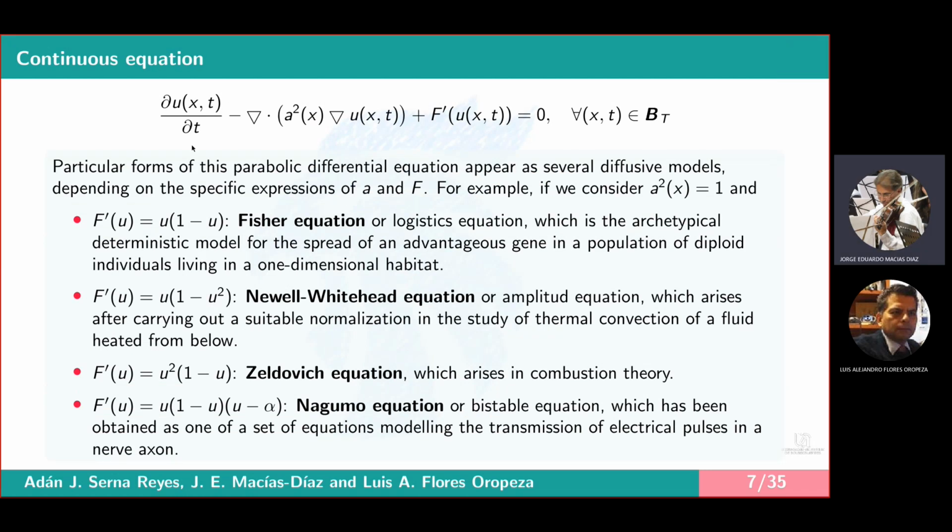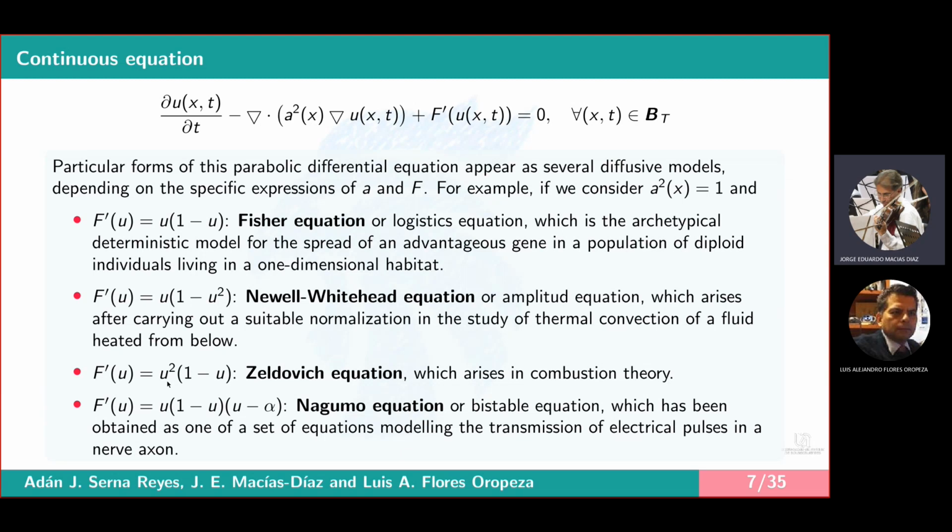Various particular forms are provided by this partial differential equation. Suppose, for instance, that A is identically equal to 1. If f prime of u takes the form u times (1 minus u), then the resulting model is Fisher's equation from population dynamics. If f prime of u takes on the form u times (1 minus u squared), then the resulting model is the Newell-Whitehead-Segel equation.